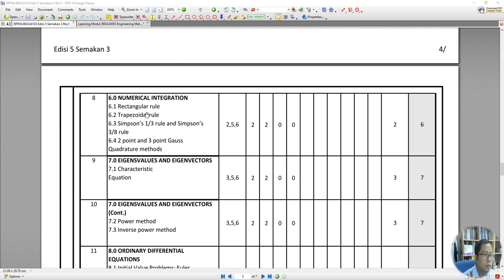We will learn about the rectangular rule, trapezoidal rule, Simpson's 1/3 rule, and Simpson's 3/8 rule, followed by the 2-point and 3-point Gauss quadrature method. This is all for Chapter 6, numerical integration.